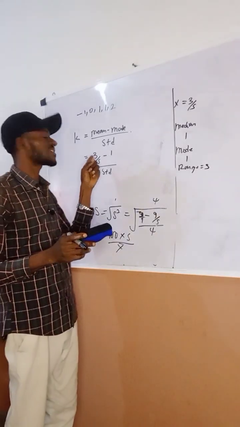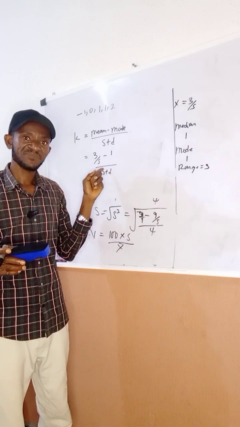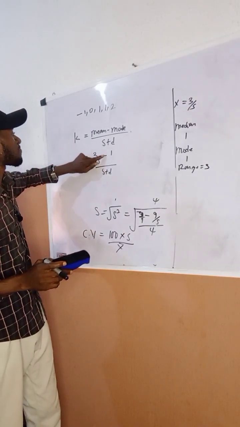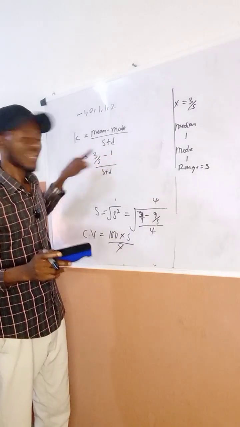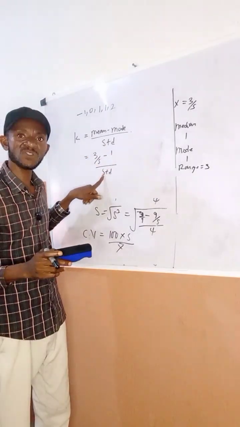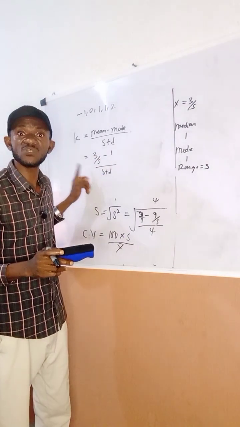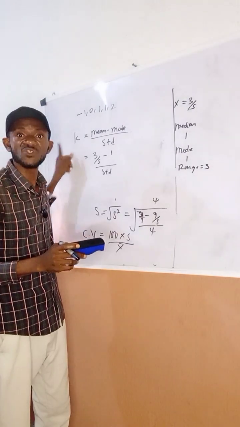But one thing is important here that I want to point out. If you say 3 divided by 5 minus 1, it will make the numerator negative. And our standard deviation is a positive what? Value. So negative divided by a positive value will still give you negative, making the quotient of what? Of skewness negative.